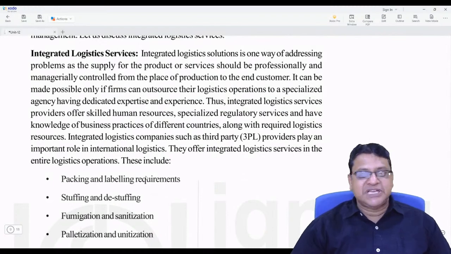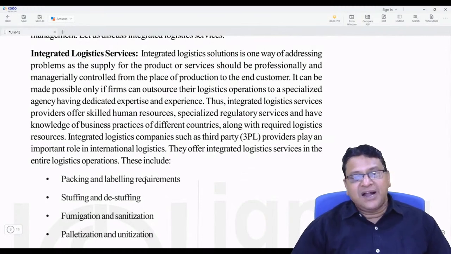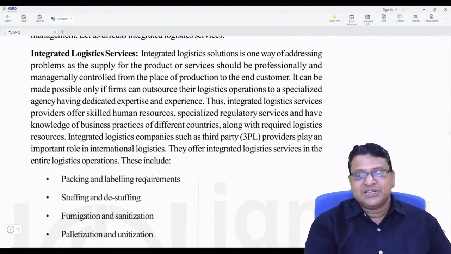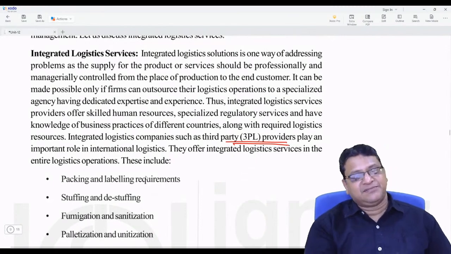In international business, we take the help of third-party logistics providers to do integrated logistics service for us. These third-party logistics service providers provide the following activities.